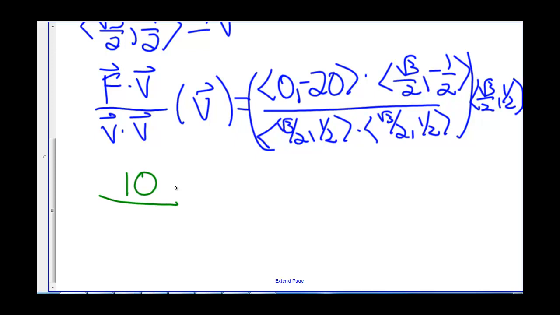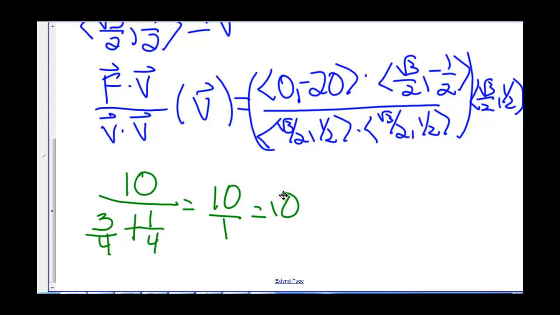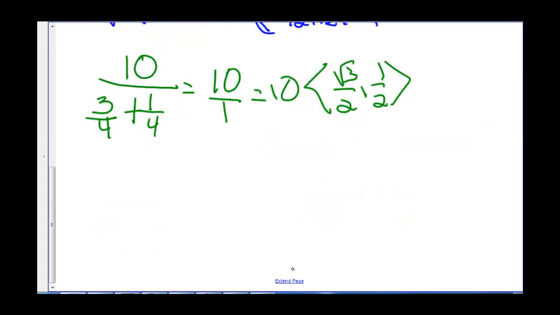On the bottom, we get 3 over 4 plus 1 over 4, so we get 1, which is just 10 over 1, or 10, times the vector square root of 3 over 2, negative 1/2. So our parallel force is going to be 5 square root of 3, negative 5.